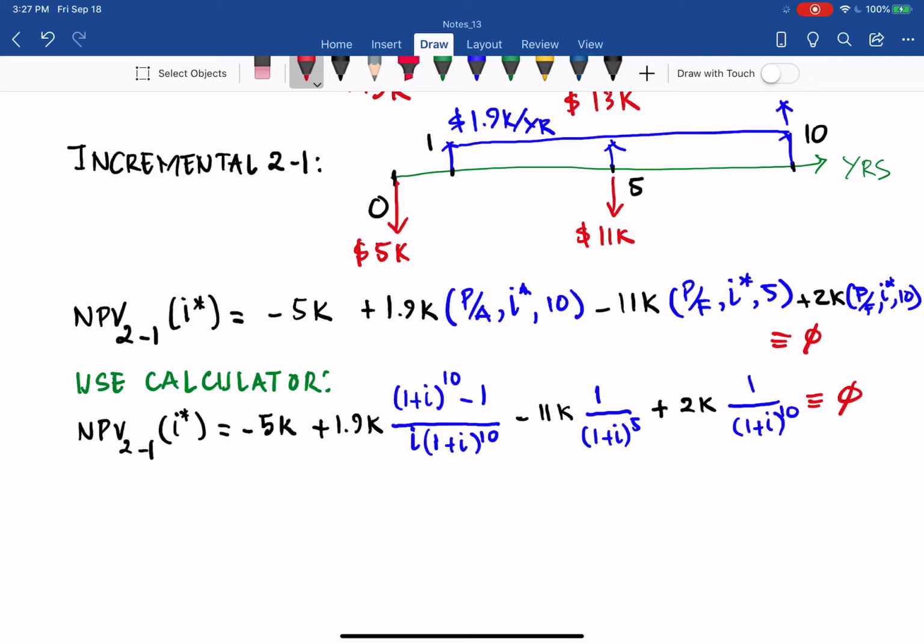So with your calculator, you can solve for I, and that gives you the IRR. Actually, I made that equation numerically correct, and that is equal to 12.7%. You can try it with your calculator.